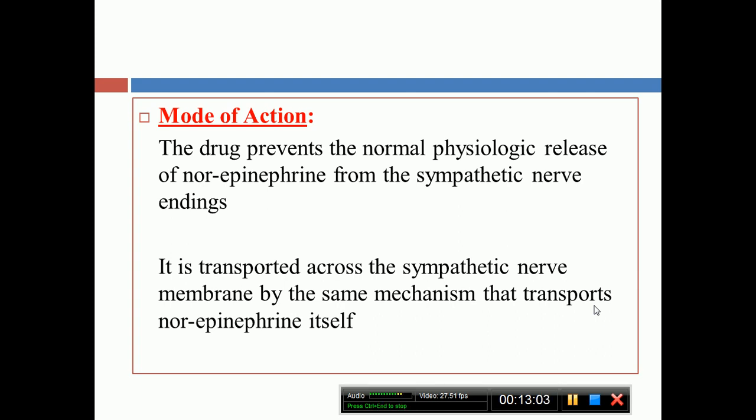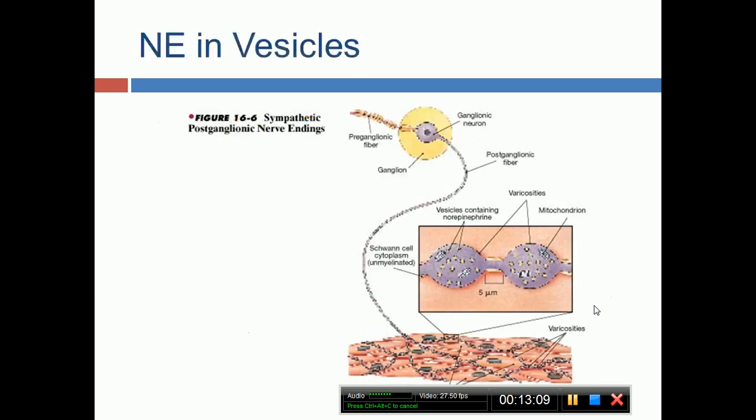The drug prevents the normal physiologic release of norepinephrine from the sympathetic nerve ending. Here you can see vesicles containing norepinephrine. Here you can see these are the mitochondria. So these vesicles release norepinephrine into the synapse.